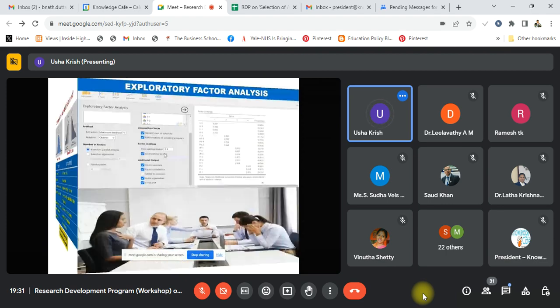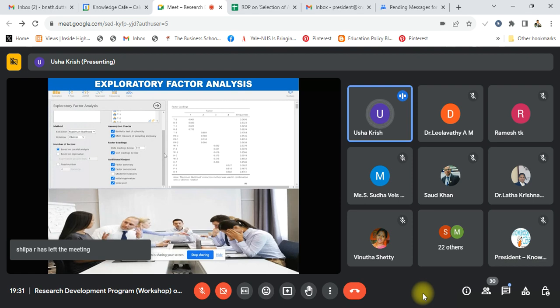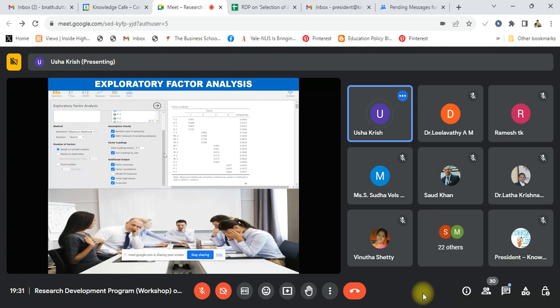Coming to exploratory factor analysis, the point to be noted is if the researcher has developed the questionnaire, then he is required to do both exploratory factor analysis and confirmatory factor analysis.